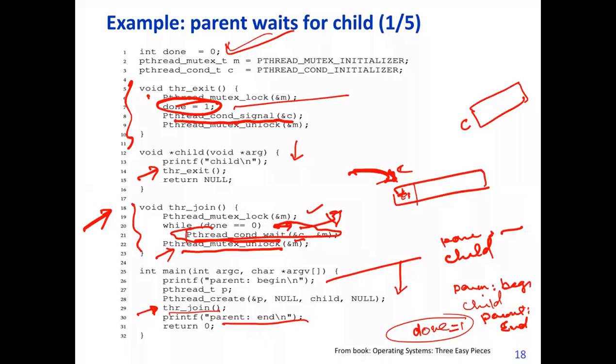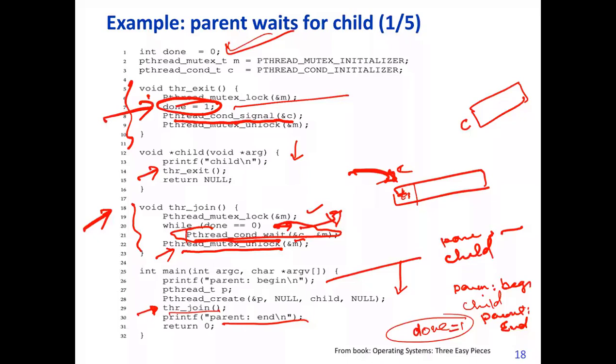Wait and signal simply say: put the running thread into the queue, and remove one of the threads from the queue. That's it. But under what condition it has to be put into the queue and when it is to be removed comes from this logic.